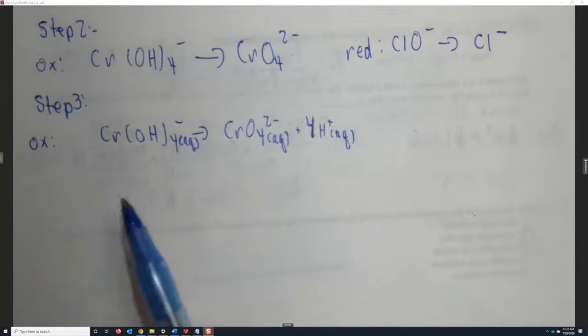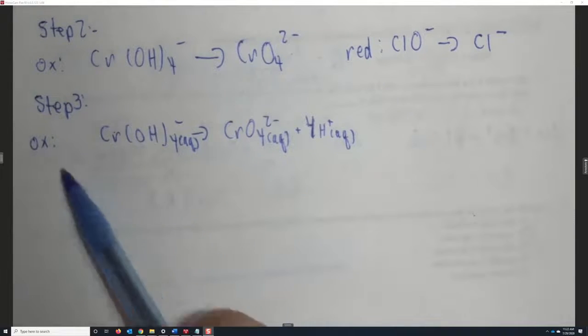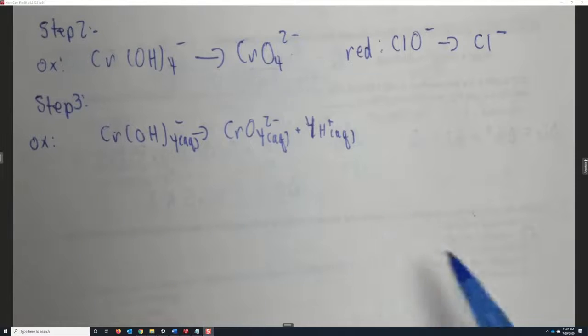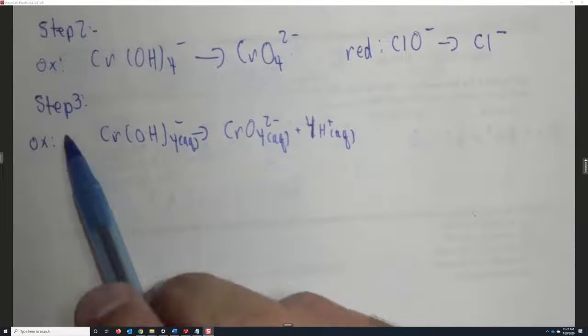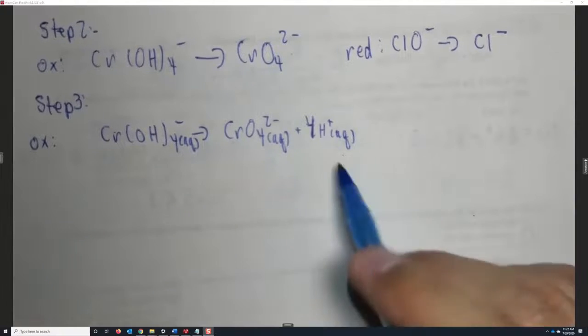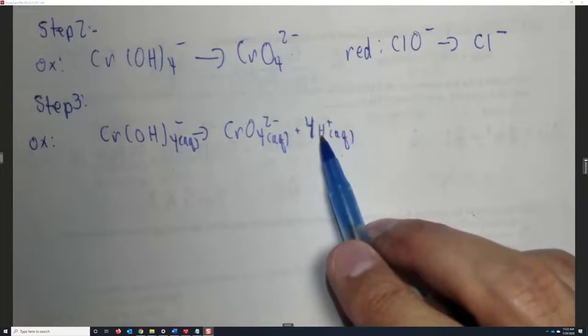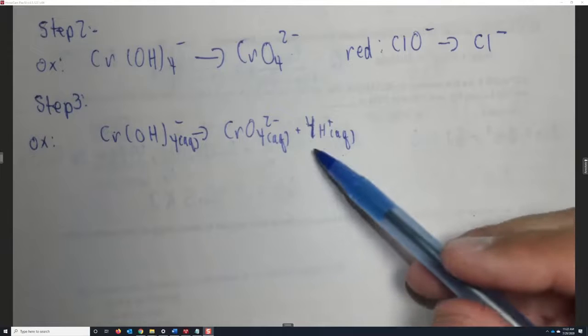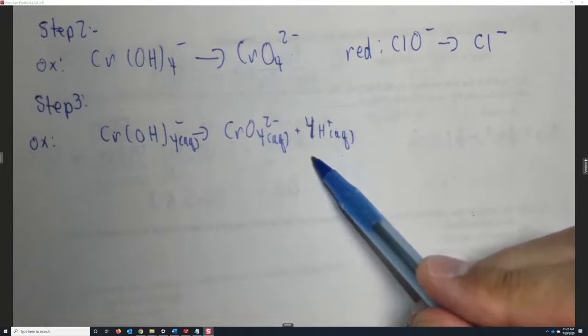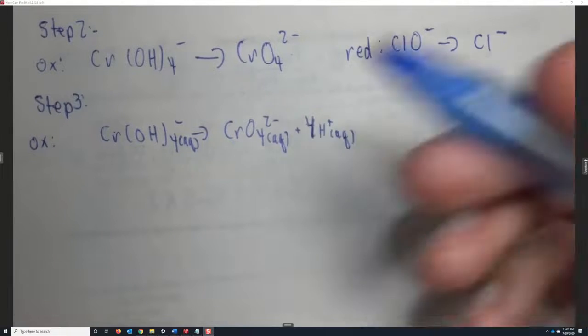But now it's a basic solution. So what I have to do is add the same number of OH minuses to both sides. If I add 4 OH minuses over here, that balances out the 4H pluses. It neutralizes them, and then I get 4 waters.